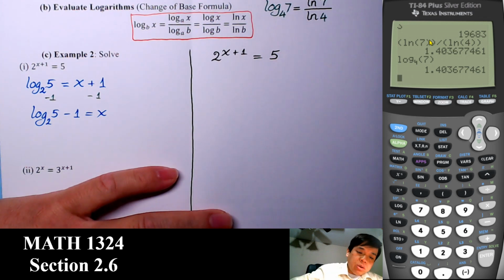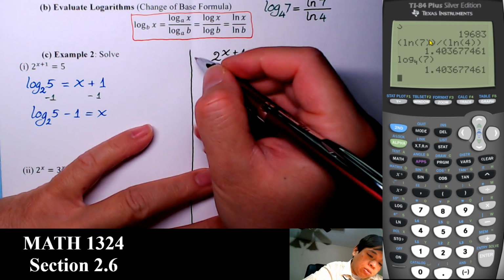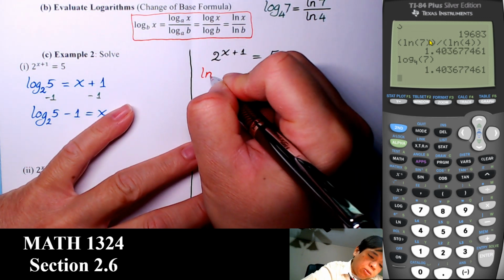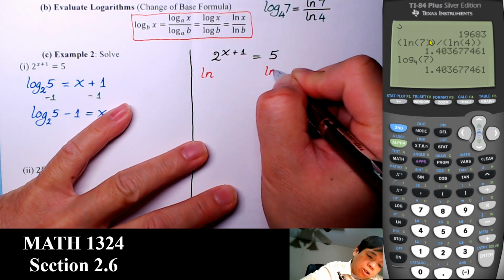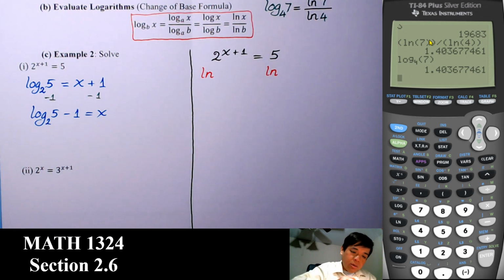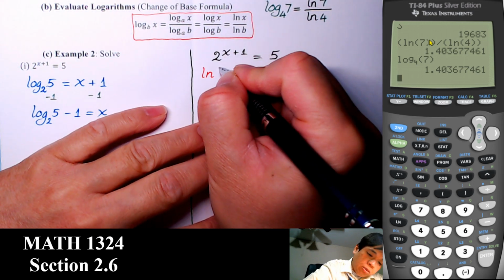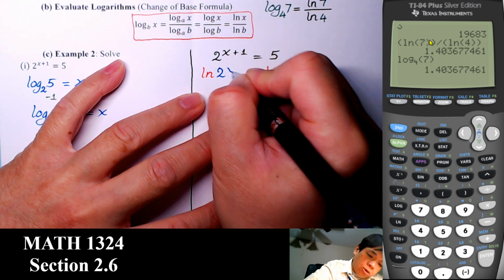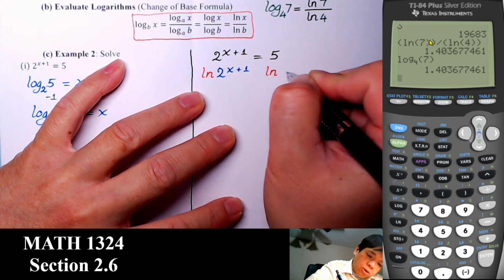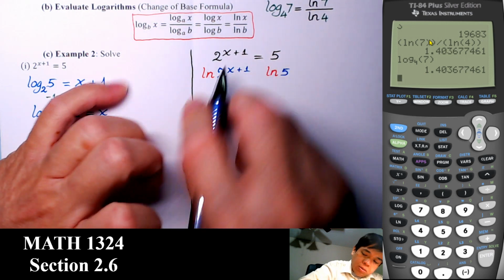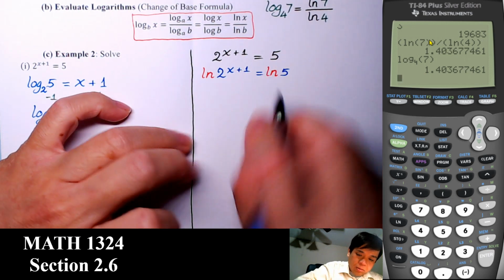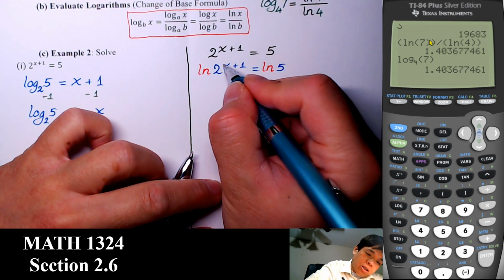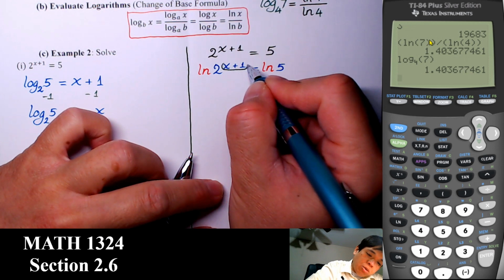And now what we do is we take the log on both sides. Right, so we take the ln on both sides. So we can bring down the x plus 1.